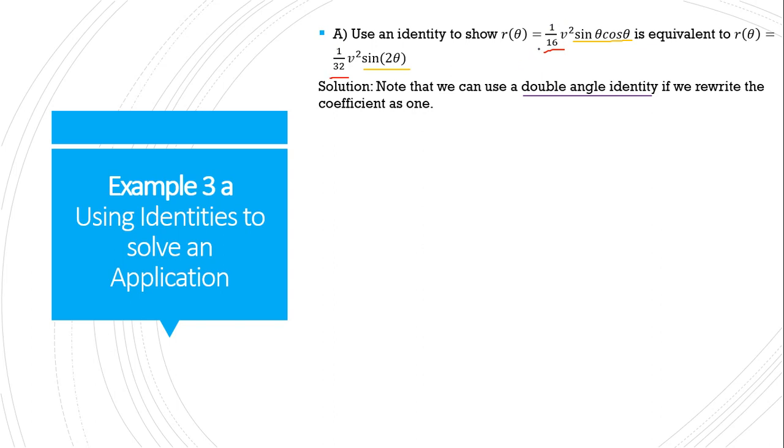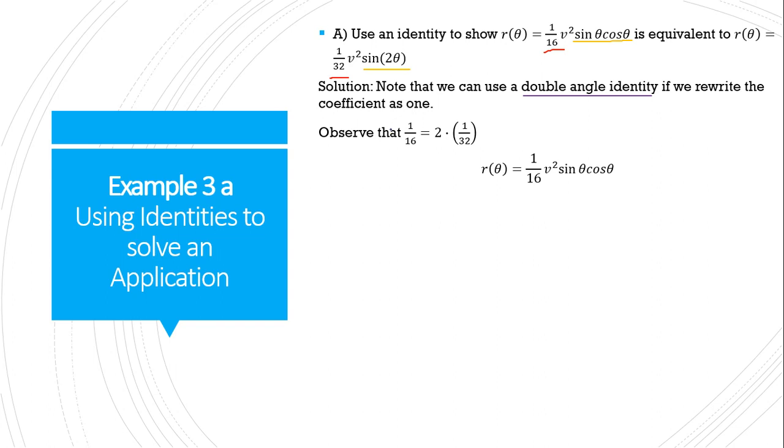If I took half of 1 over 16, that's 1 over 32, right? So 1 over 16 is a double of 1 over 32. So first thing I want you to know is that 1 over 16 is equal to 2 times 1 over 32, right? 2 times 1 divided by 32 reduces to 1 over 16. So I'm going to use this fact. This is something that's true. It is an equivalent form. I'm going to plug that guy right in.